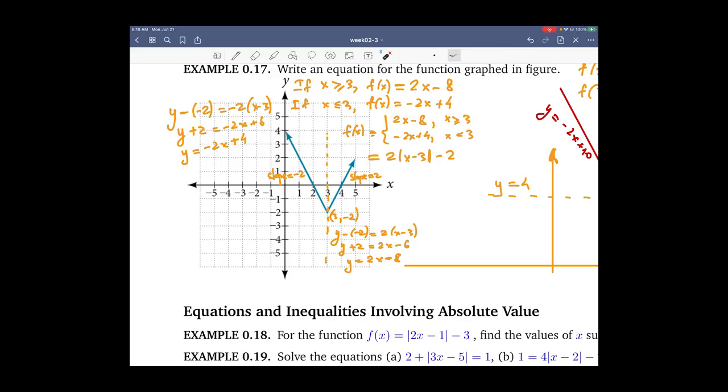When x is greater or equal than 3, we have 2x minus 6 minus 2, which is 2x minus 8. And when x is less than 3, absolute value of x minus 3 will be 3 minus x, and you will get -2x, 6 minus 2 is plus 4. So you can have 2 times absolute value of x minus 3, minus 2 as your final answer in this example.